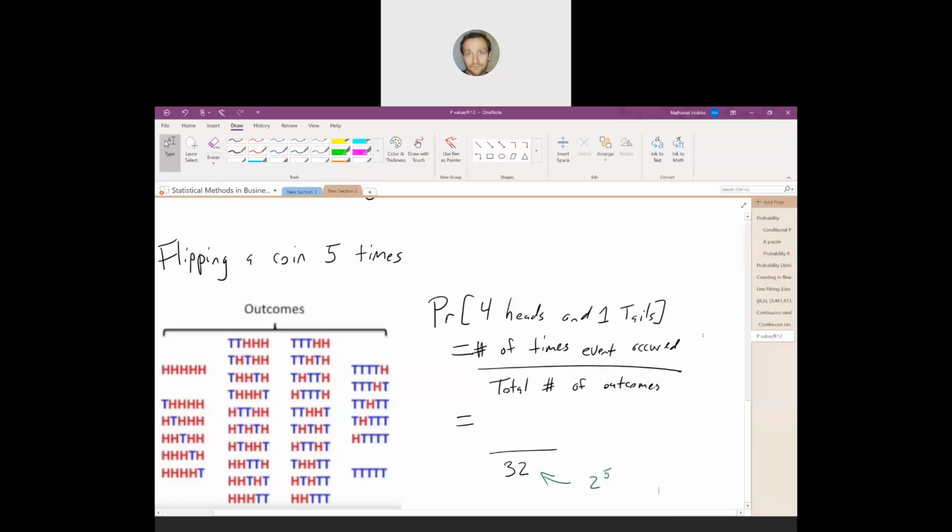Okay? So how about this? The number of times the event occurred. So this is how many different ways can you get 4 heads and 1 tail on 5 coin flips?